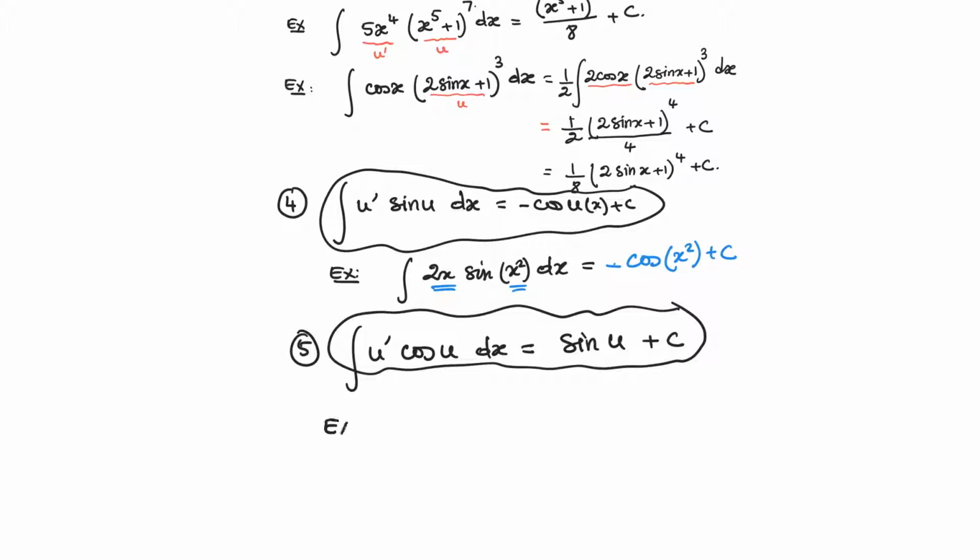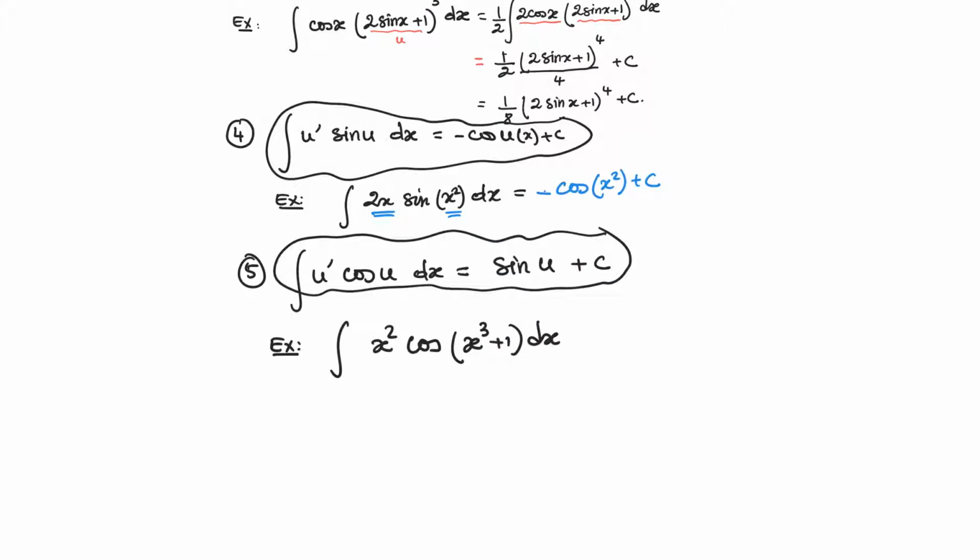So an example would be, let's say, cosine of x cubed plus 1, and here I have x squared dx.